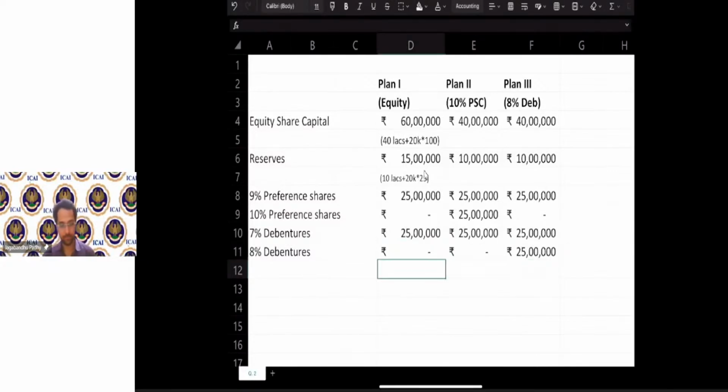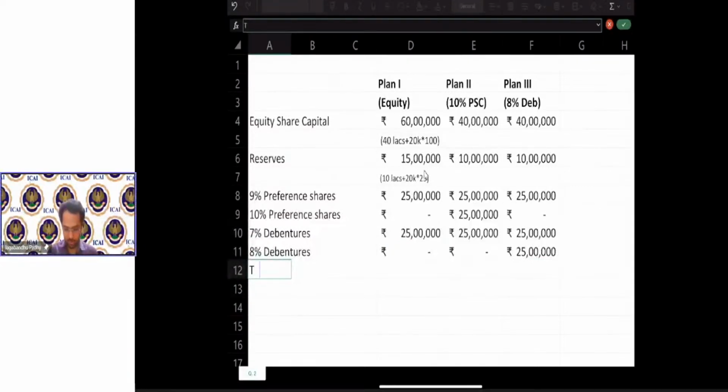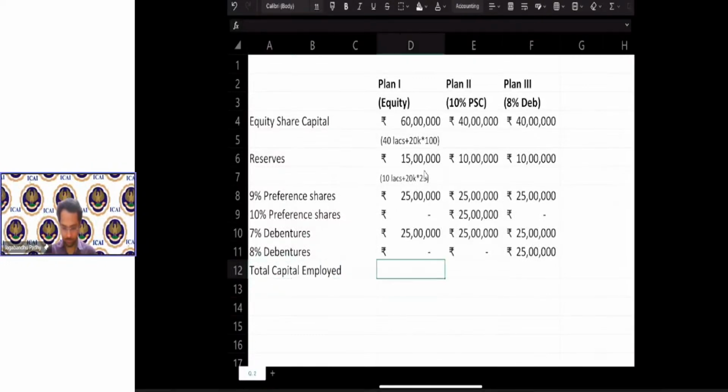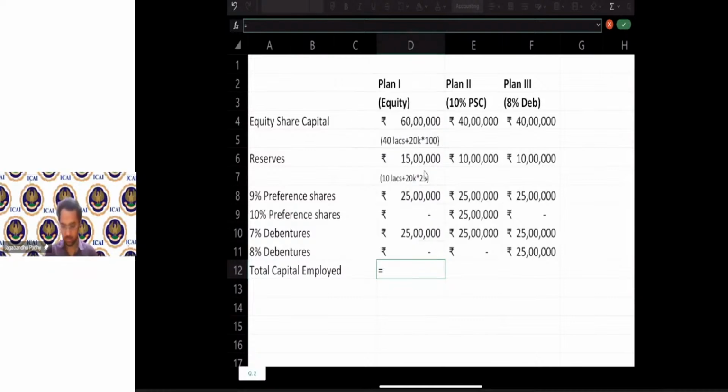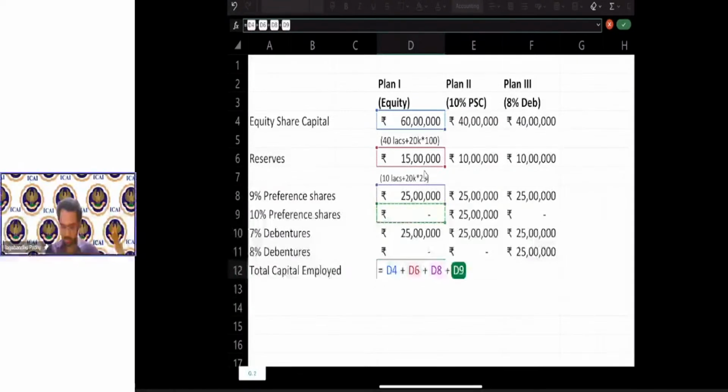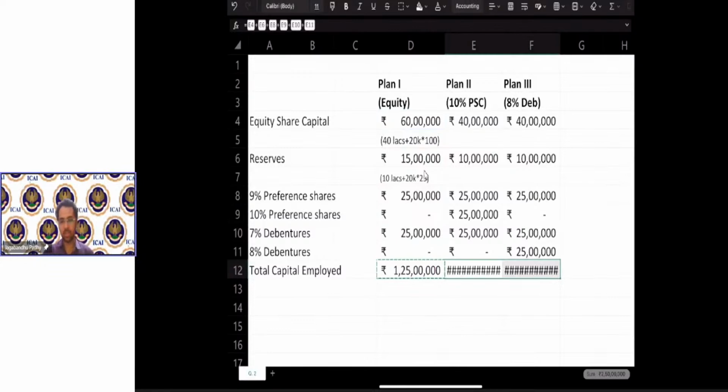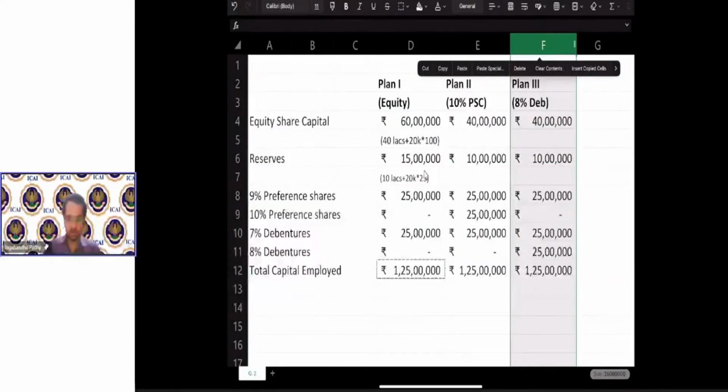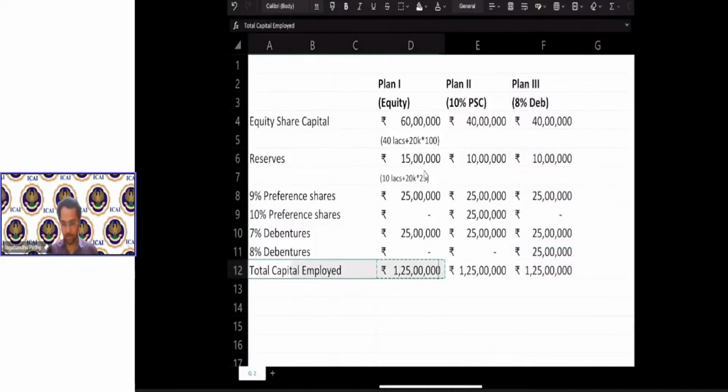So if you consider the total capital employed, which is simply the addition of equity share capital, reserves, preference share, and the debt, the total capital remains the same in all the three plans, which is to the tune of 1 crore 25 lakh.